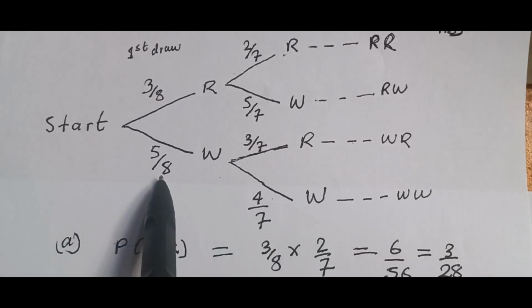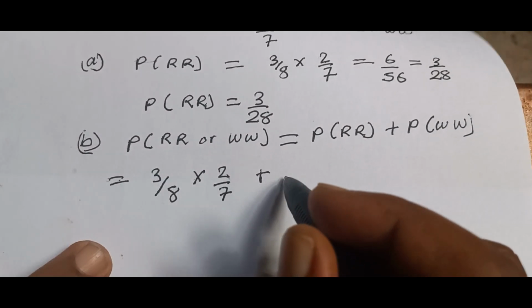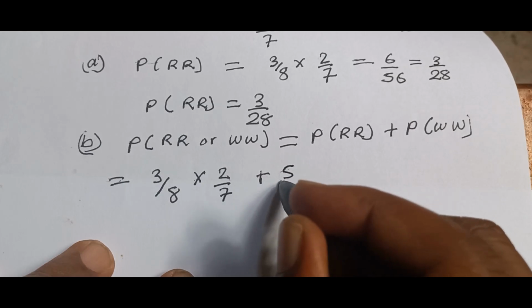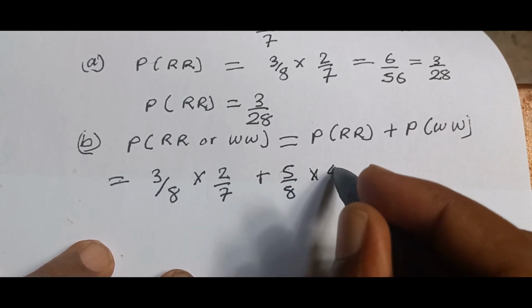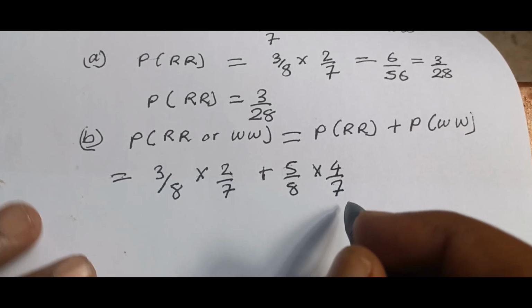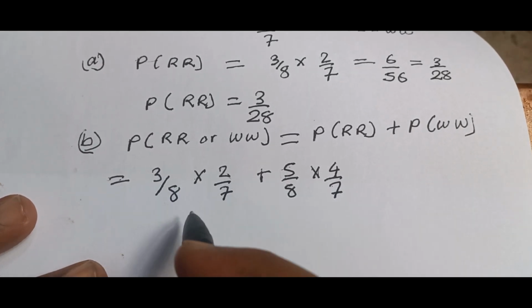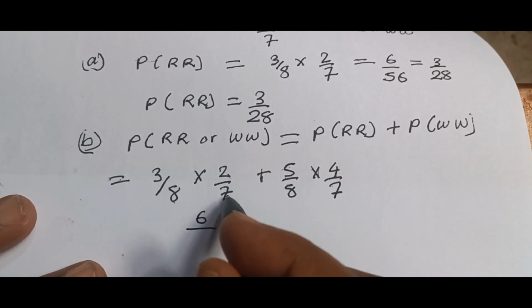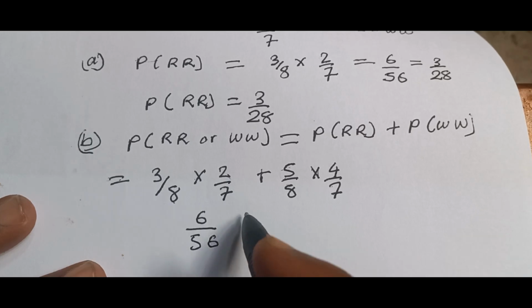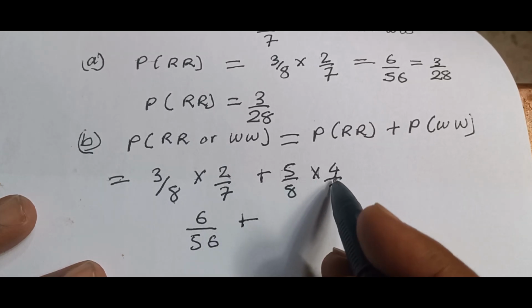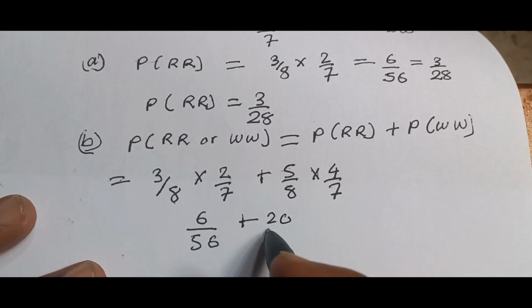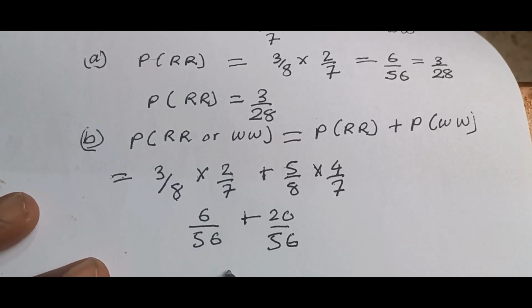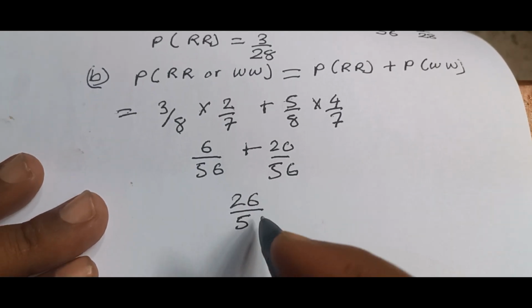So we have 5/8 times 4/7. In our case here, 3 times 2 equals 6 over 8 times 7, 56, plus 5 times 4 is 20 over 56. 6 plus 20, we get 26 over 56.